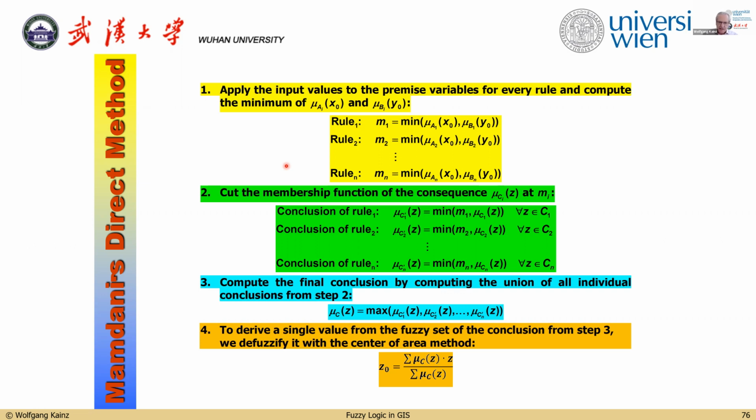Then, in the second step, we have to take these minima per rule and cut the membership function of the consequence at that respective value.